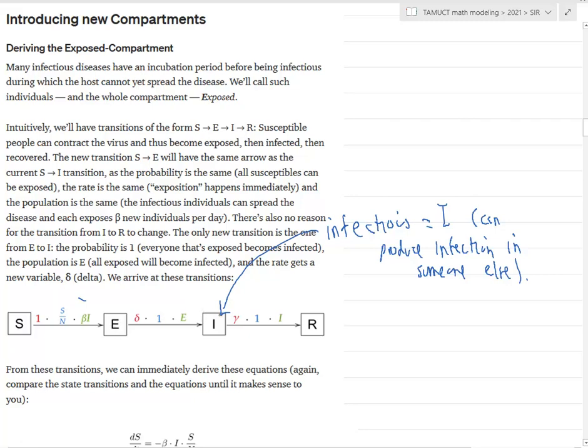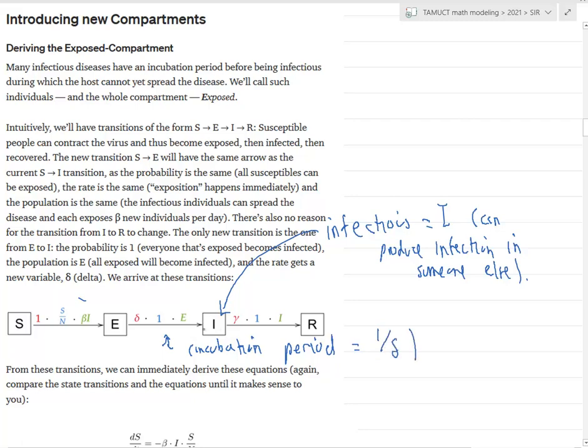Now you know that exposed to I is something like the incubation period. Okay, like COVID has an incubation period of 7 days, something like that. So then this reflects the incubation period. So in fact, the incubation period is 1 over delta.